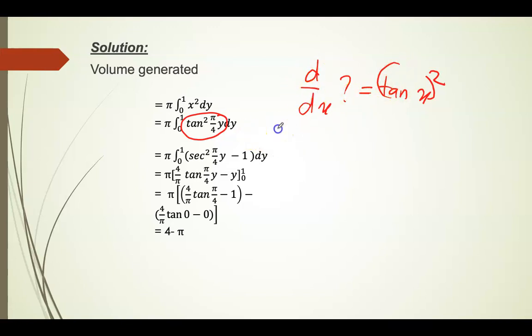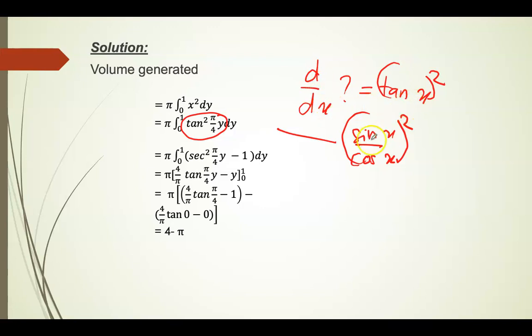Okay, so option 1 would be to change it into sine x over cos x, the whole thing squared. But this then would result in more substitution, because then it's a fraction. So it's bigger to deal with. You have to do integration by parts, or substitution first then by parts, which results in a longer way.